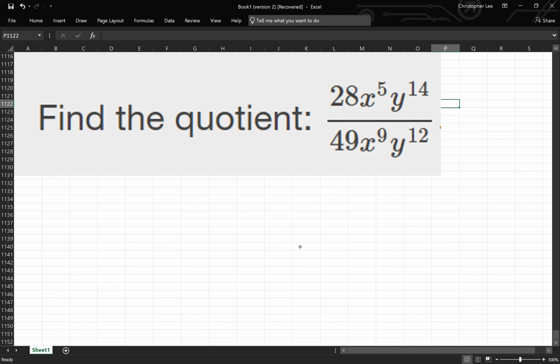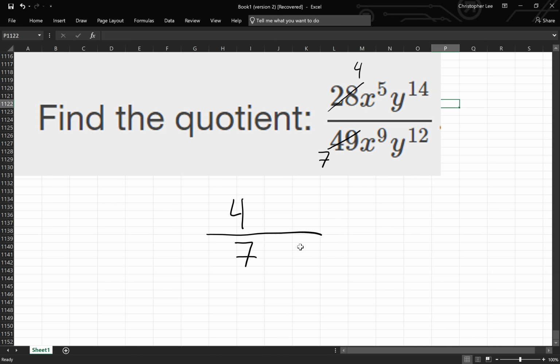So I got 28 x to the 5 y to the 14 over 49 x to the 9 y to the 12, right? Looking at this, 7 can go into 28, right? That goes in what, 4 times? The 7 can go into 49, I think 7 times. So right there, I know I have 4 over 7.